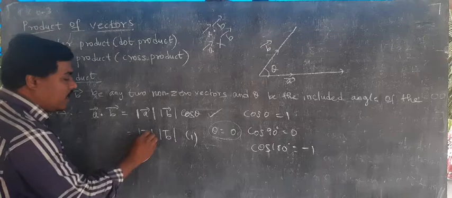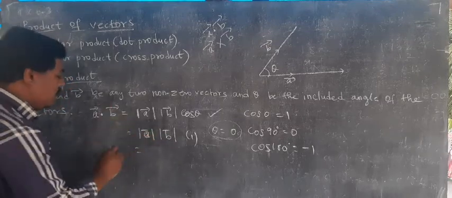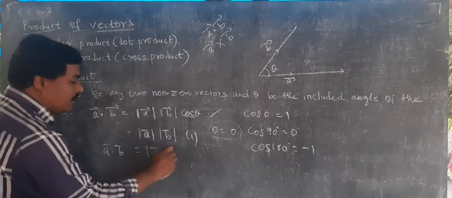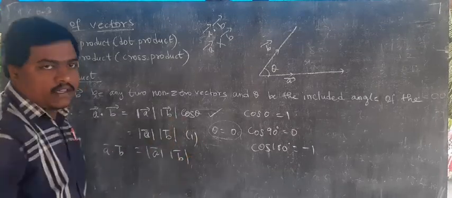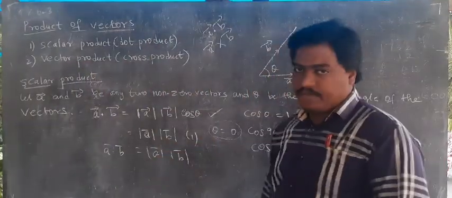These are unit vectors, with value 1. Like this we can write. Clear? So this is the scalar product.